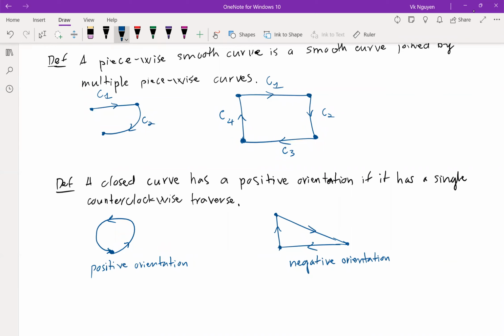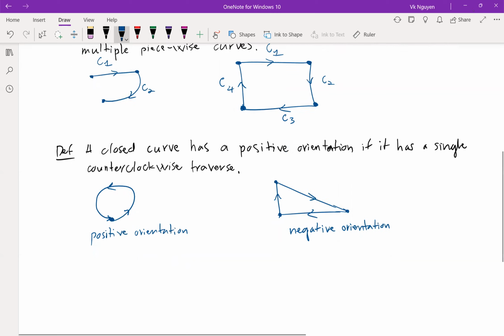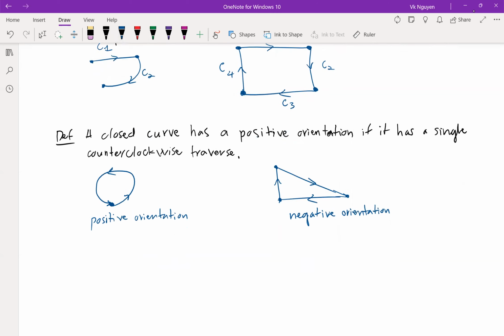Okay. Let me try to draw the circle so it looks nice here. And I put a point here. Actually, let's put a point right here. Okay, we have all the definitions here.